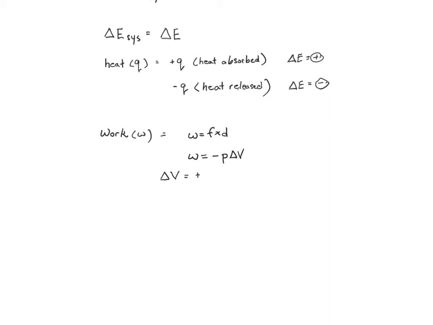So we take the negative of a positive and we get a negative. So work will be equal to a negative value. Okay, and if work's equal to a negative value, okay, that means the change in energy will be negative.